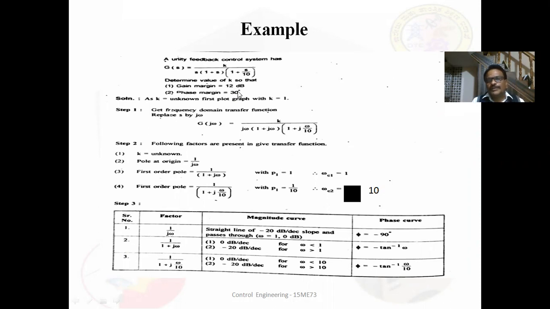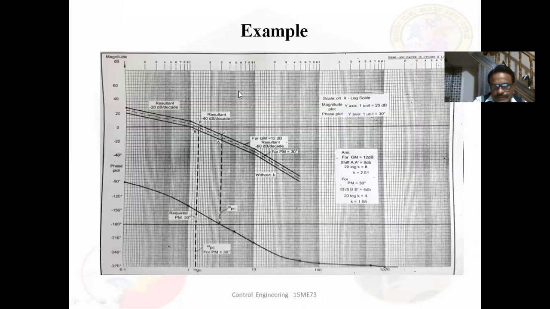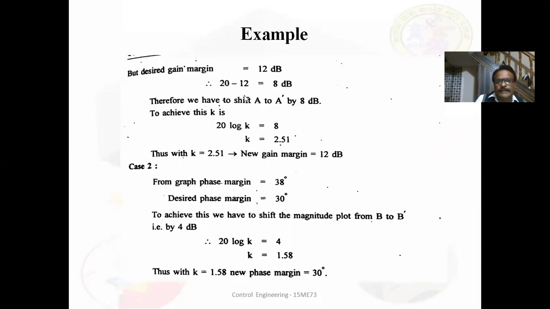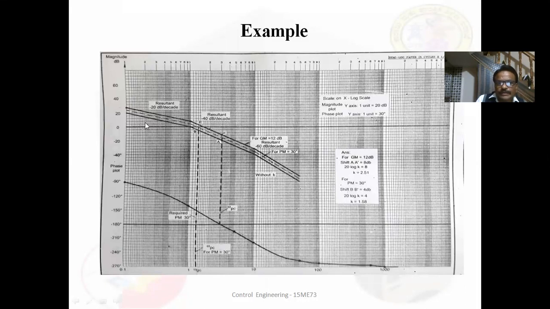Find the new value of k. Now here, gain margin is 12 dB. When k value is equal to 1, from here to here, it is 20 dB.